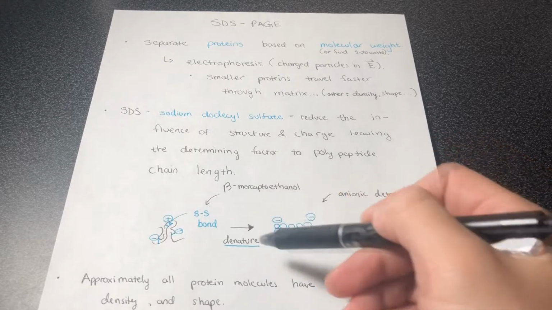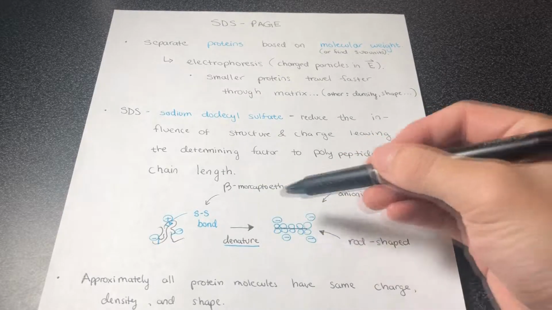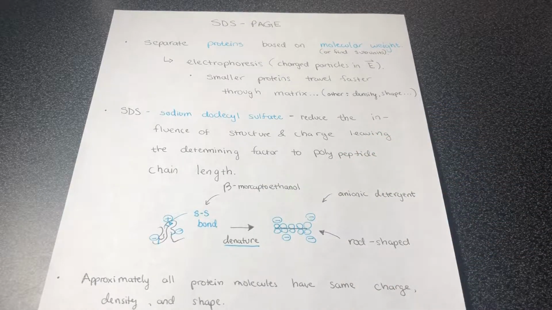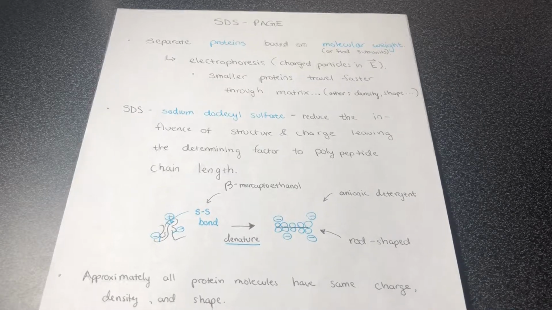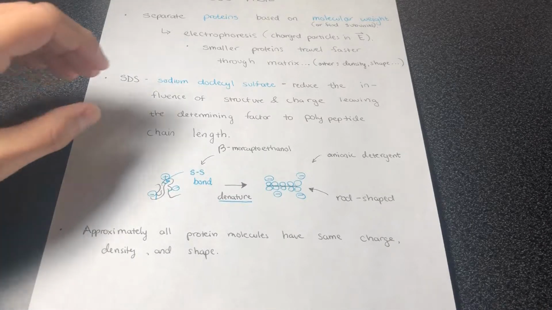It then becomes a rod shape, and the SDS, often referred to as an anionic detergent, attaches to this rod-shaped protein and gives it an overall negative charge. That's perfect because it allows our gel electrophoresis, like I said, to flow from negative to positive. Approximately all proteins at this point have the same charge, density, and shape.